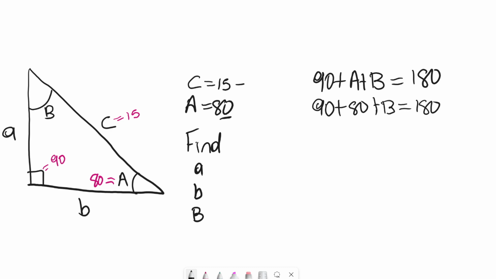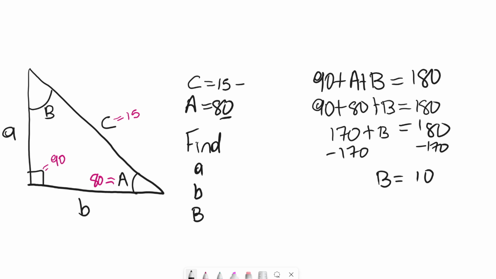Now, here we can just add these two. This is going to give us 170 plus B equal to 180 degrees. So if we want to find the measure of angle B, we'll subtract 170 degrees. And so B is going to be equal to 10.